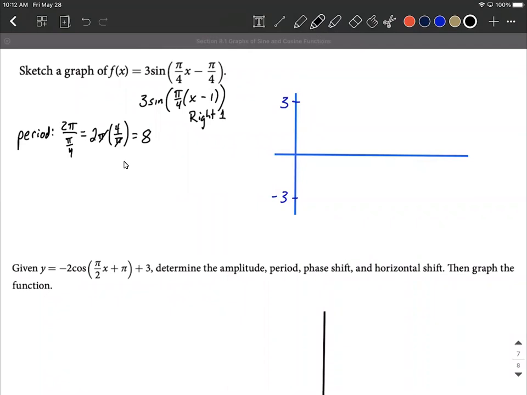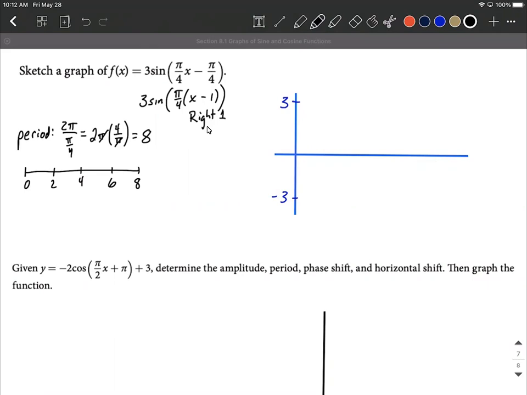All right, so our labels at this point on the x-axis, we go from 0 to 8. Halfway in between is going to be 4, halfway between 0 and 4 is going to be 2, and halfway between 4 and 8 is going to be 6. So we've applied that change in period for our labels on the x-axis. Now the other thing is this phase shift. So next, let's apply this phase shift.